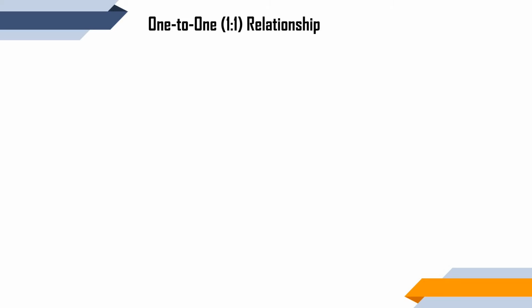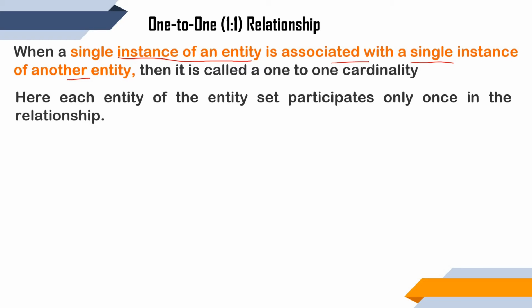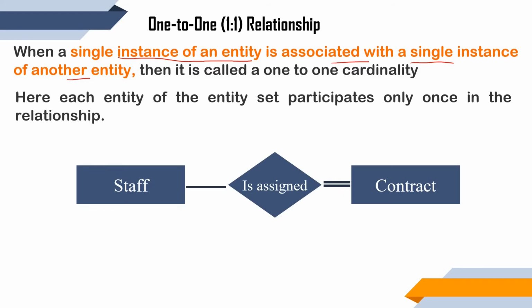Now we will see the different types of relationship cardinality. First, we will start with the one-to-one relationship. When a single instance of an entity is associated with a single instance of another entity, it is called a one-to-one cardinality. Here you can see staff and contract.